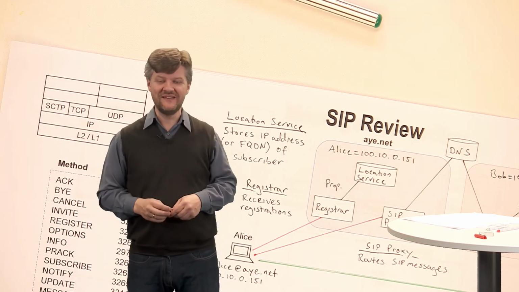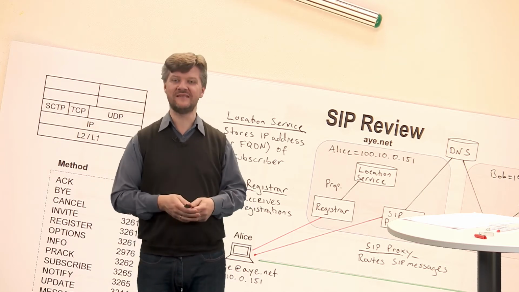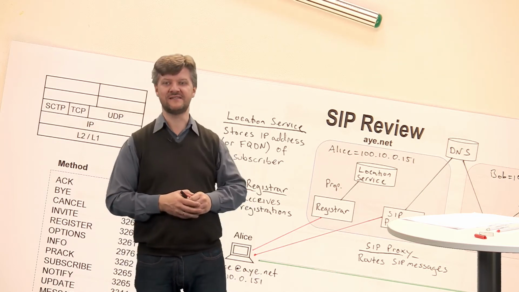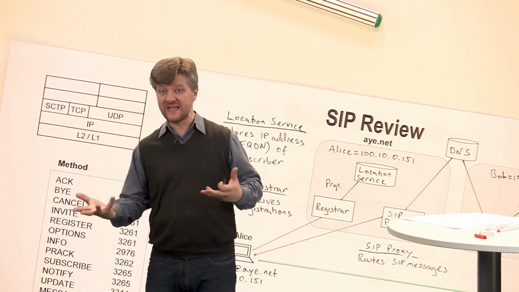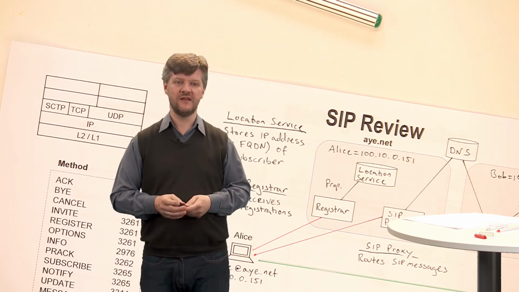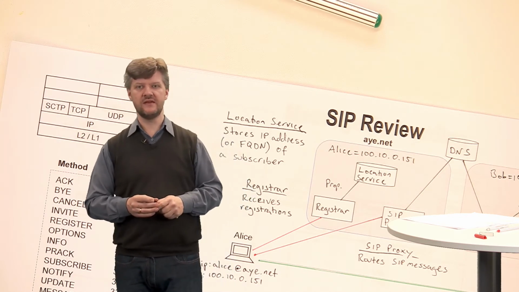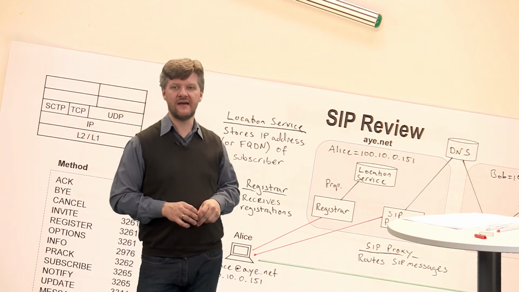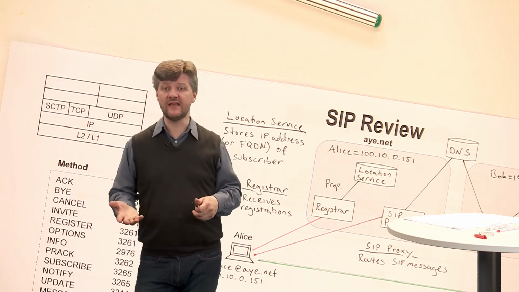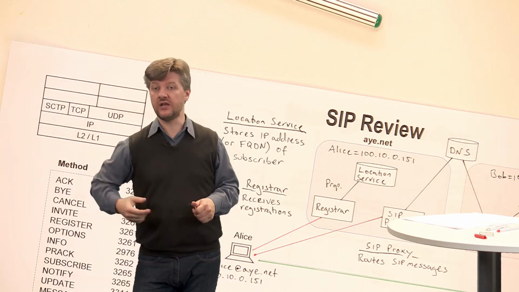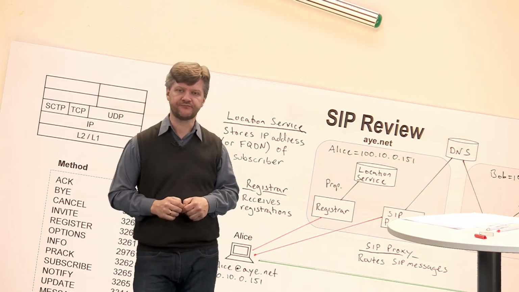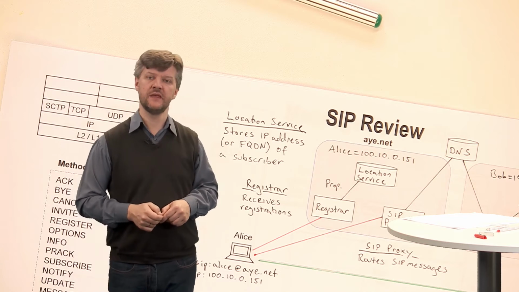It is a couple of years old, but it's not every day we get a new protocol on this layer right here. So SCTP, Stream Control Transmission Protocol, is a mix between TCP and UDP, if you will. It doesn't have anything to do with streaming movies or music. It's a lot like TCP actually. The streams in SCTP are essentially like TCP sessions or TCP connections.